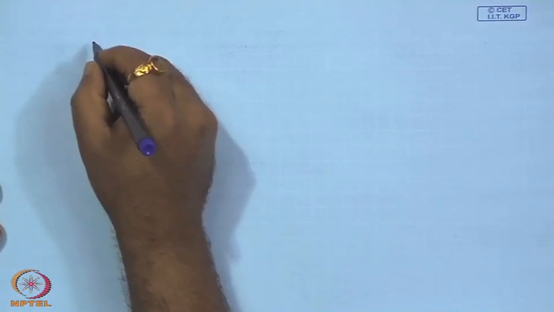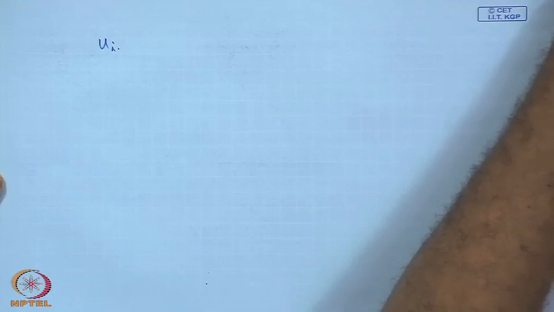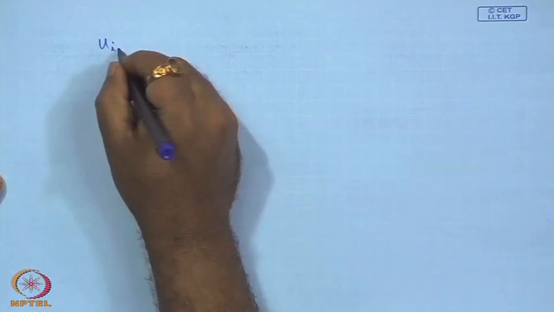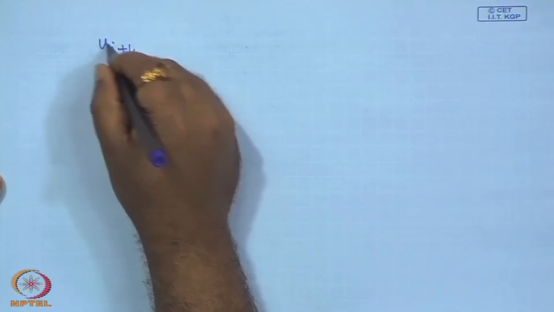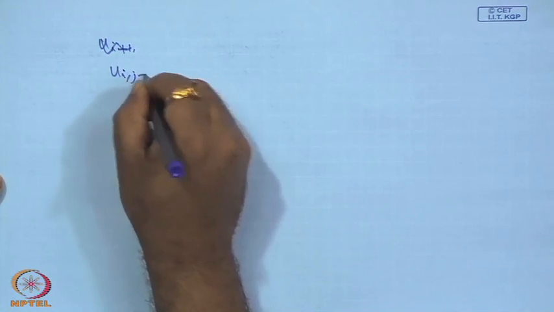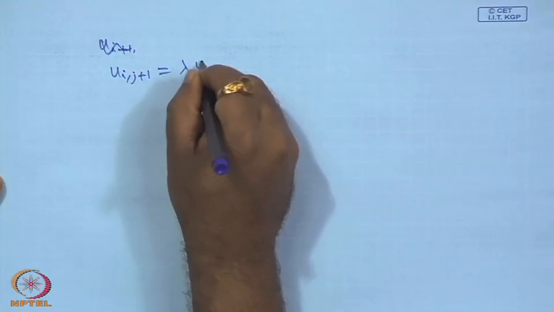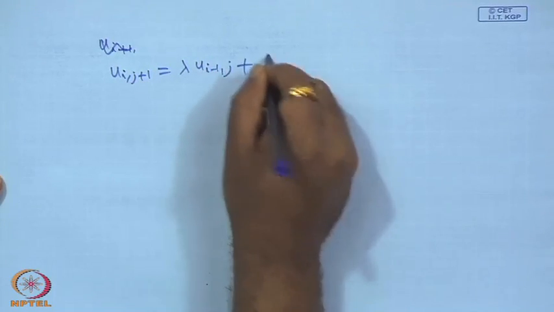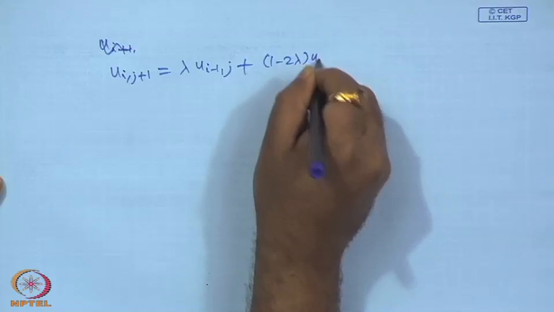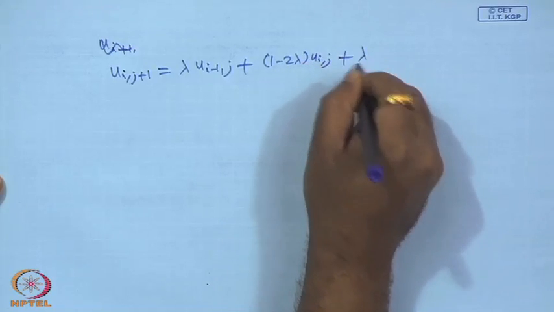So, now if you consider your discretized equation, u I j plus 1 is lambda times u I minus 1 j plus u I j plus u I plus 1 j.